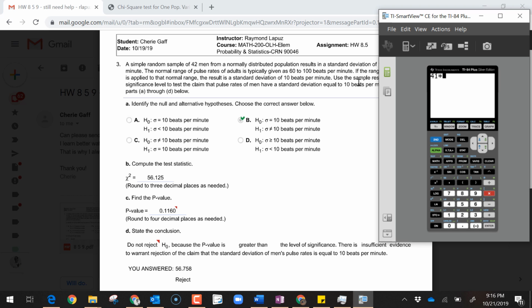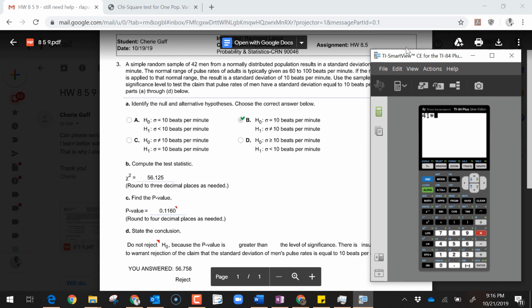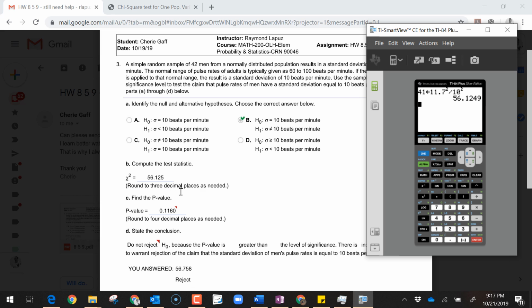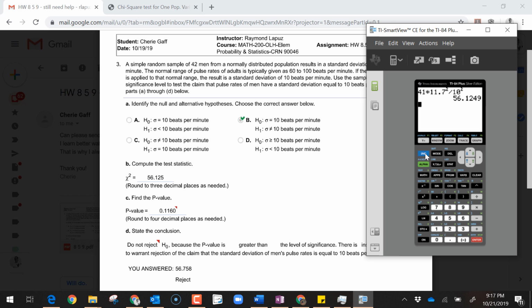We're going to multiply that by the square of the standard deviation, that's the variance, for the sample. 11.7 is actually the standard deviation, so to get the variance, we have to square it, and then we divide by the hypothesis variance, which is 10 squared. And so that's 56.125.